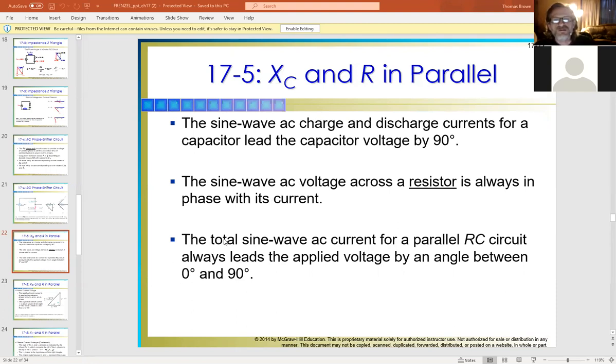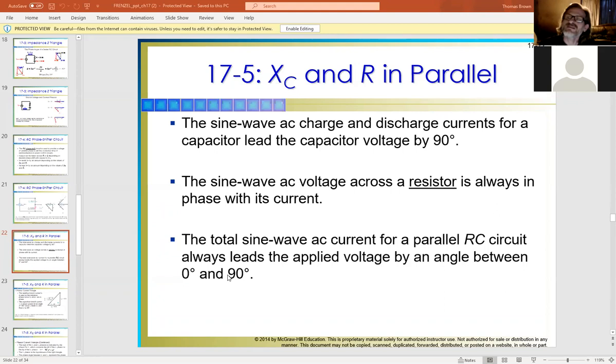Again, the total sine wave current for a parallel RC circuit always leads the voltage by some angle between 0 and 90 degrees. So if you ever solve these and you get an angle like 110 degrees, no, not with an RC circuit.